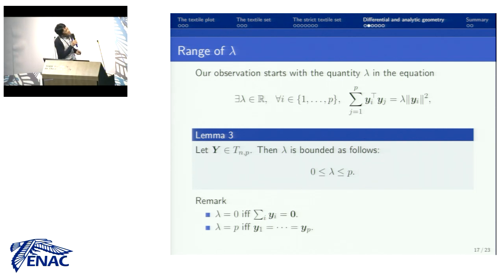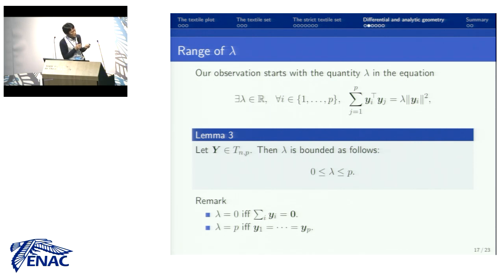So our observation starts with the quantity lambda in the equation, which is the first condition of the textile set. If y is the output of the textile plot, so if y belongs to the textile set, then this lambda is bounded as follows.